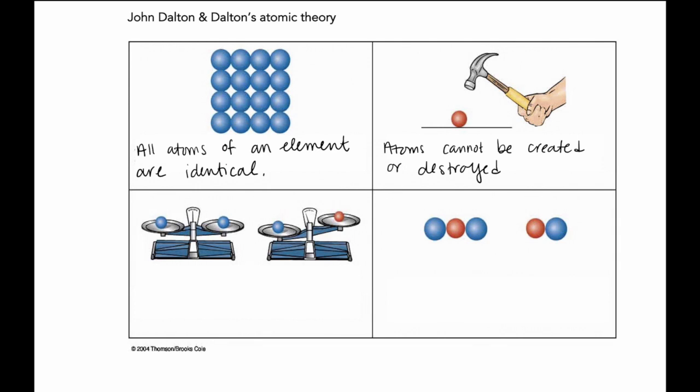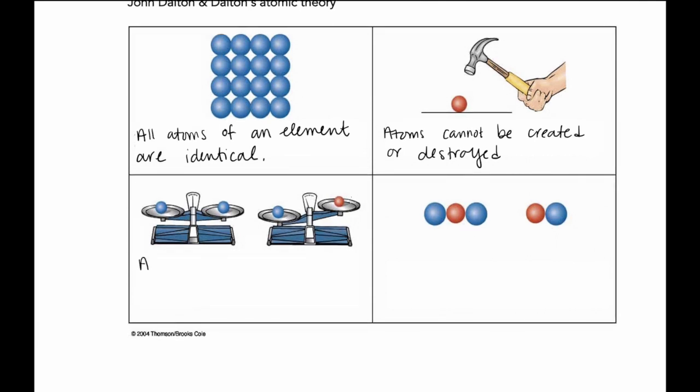So they have balances here showing that both blue have the same mass and they're identical. The blue and the red have different masses. They're different from each other. So atoms of different elements are different from each other.